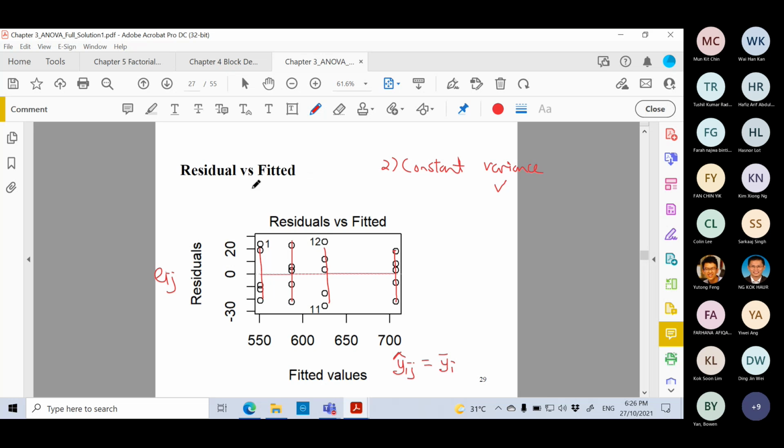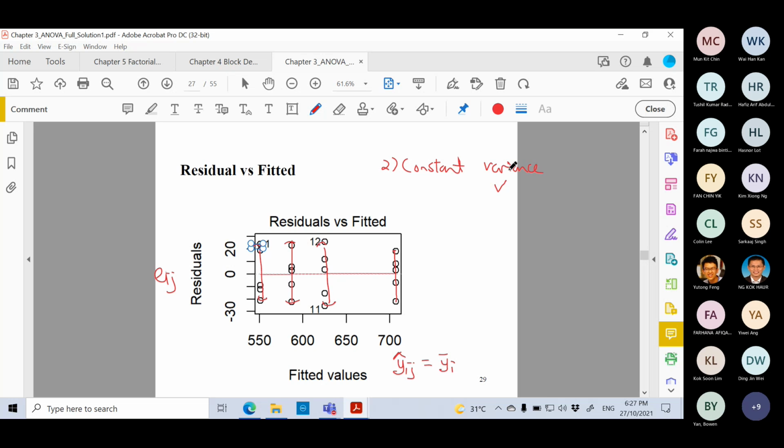If you plot the residue versus the fitted equation, and the size here is almost the same, of course we cannot get perfect, but if the shape here is almost the same, then we will say that the variance is constant.